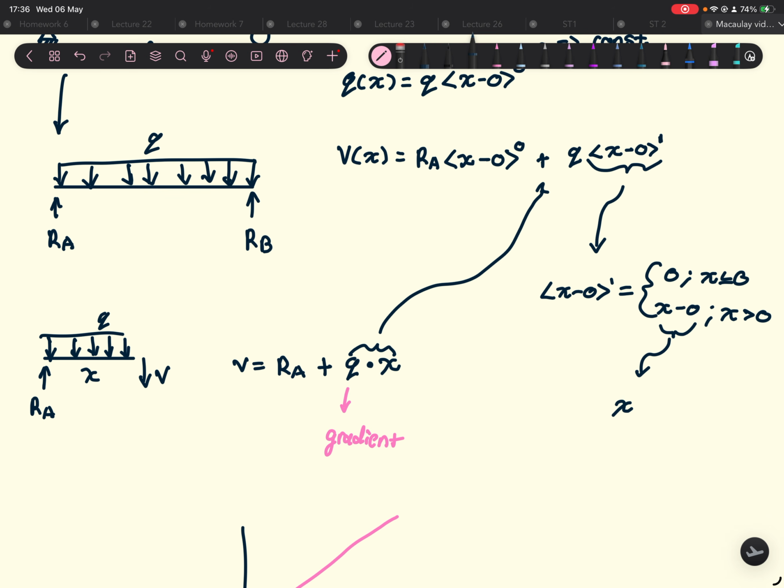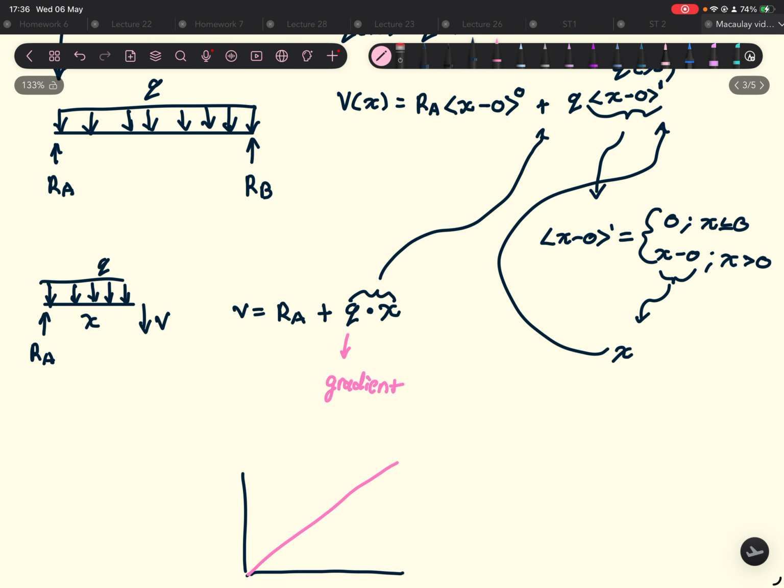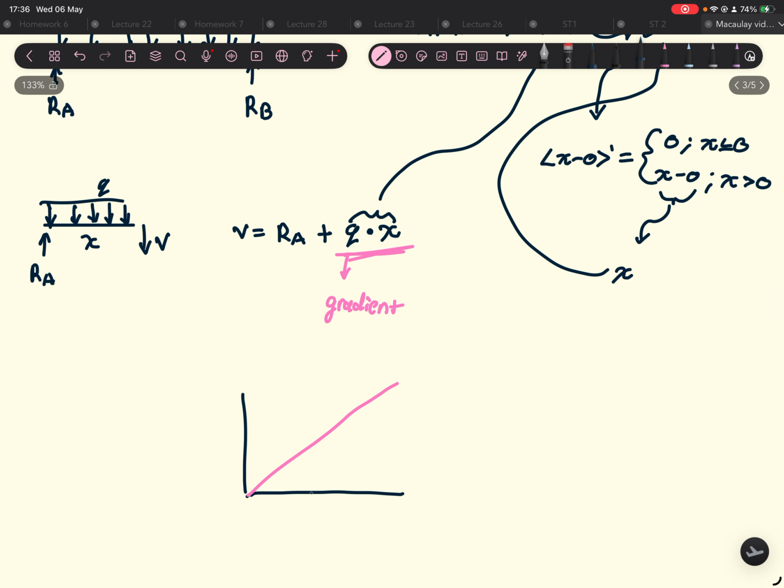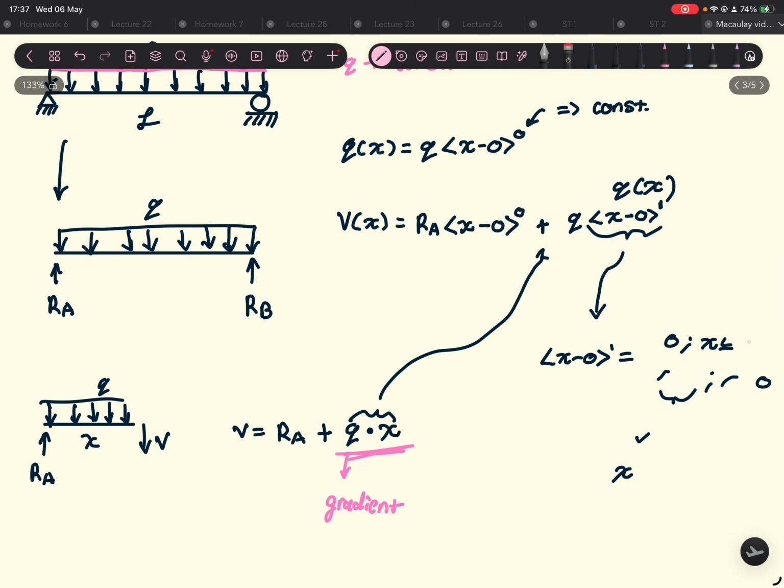This simplifies to just x, right? Which, if you substitute back here, you're going to get qx, right? Which makes sense. It checks out with what we derived over here. Okay, so in essence, our Macaulay function for our shear force is going to be, let me just erase all of this.